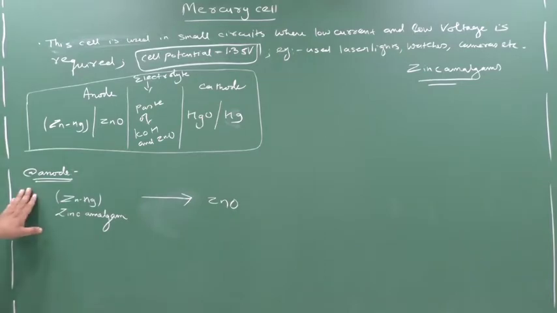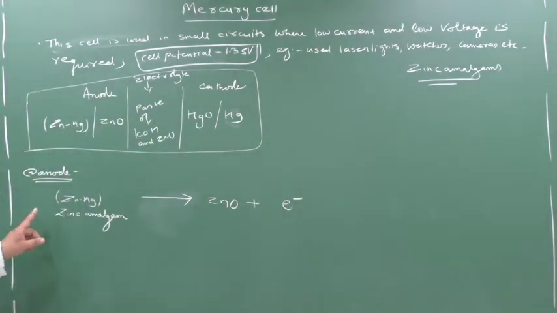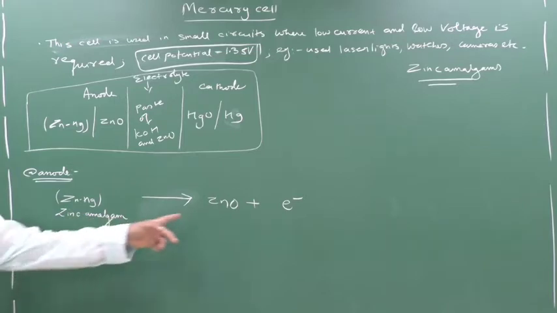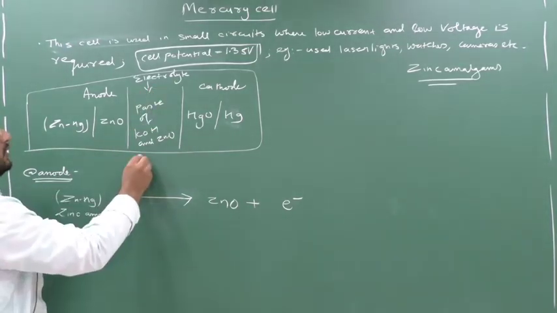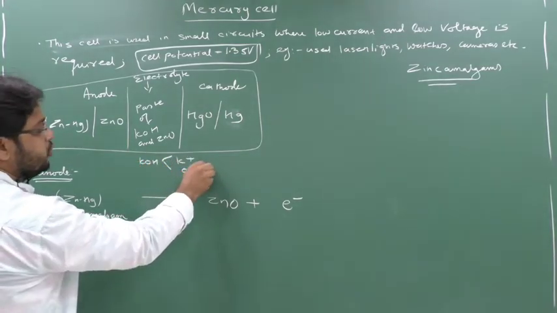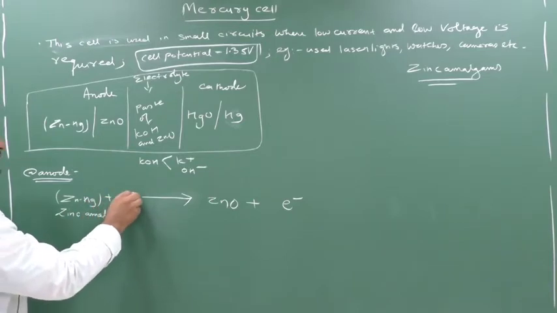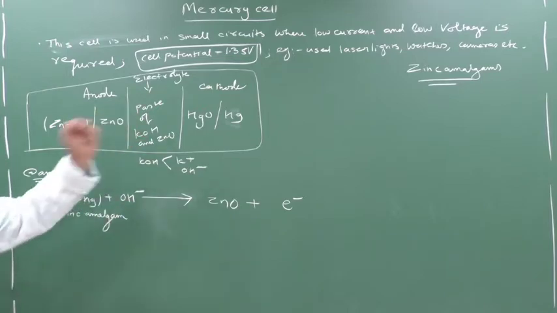Now it is the anode, and you know at the anode electrons will be lost. Now who will help this zinc convert into zinc oxide? This KOH in the paste electrolyte. This KOH will split into K plus and OH minus. Here OH minus will react with zinc from the zinc amalgam and convert it into zinc oxide. Clear this part? This is a basic medium reaction actually. It is not an acidic medium reaction. This is a basic medium reaction.